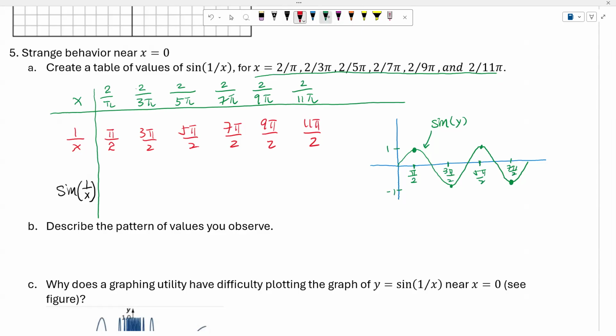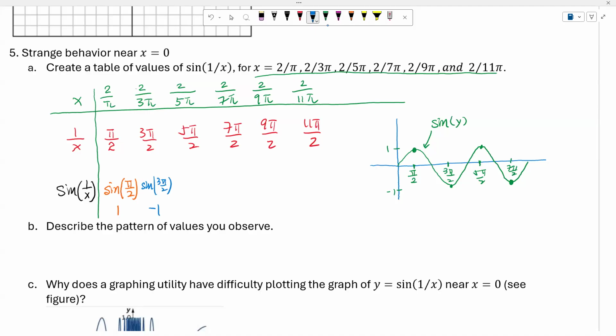So now, if I evaluate sine of 1 over x, basically it means that I would like to evaluate sine of pi over 2, and this gives me 1. Then sine of 3 pi over 2 gives me -1.